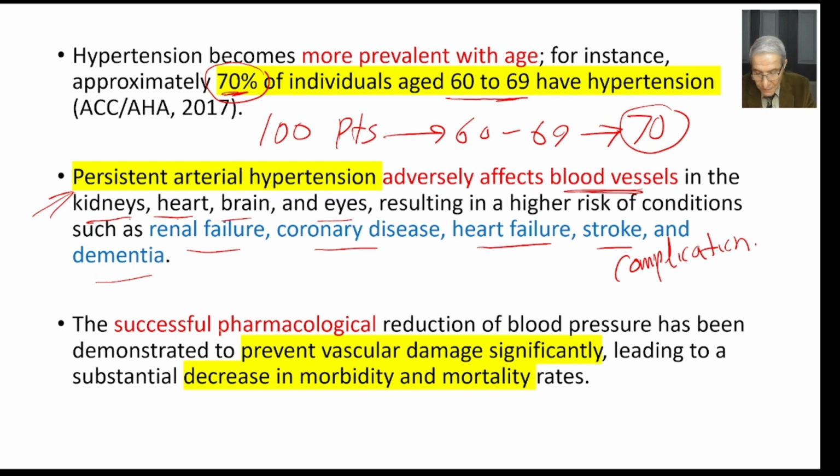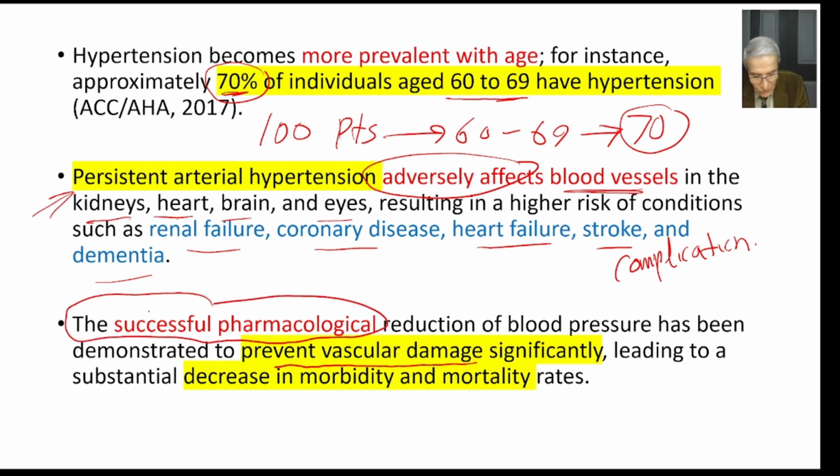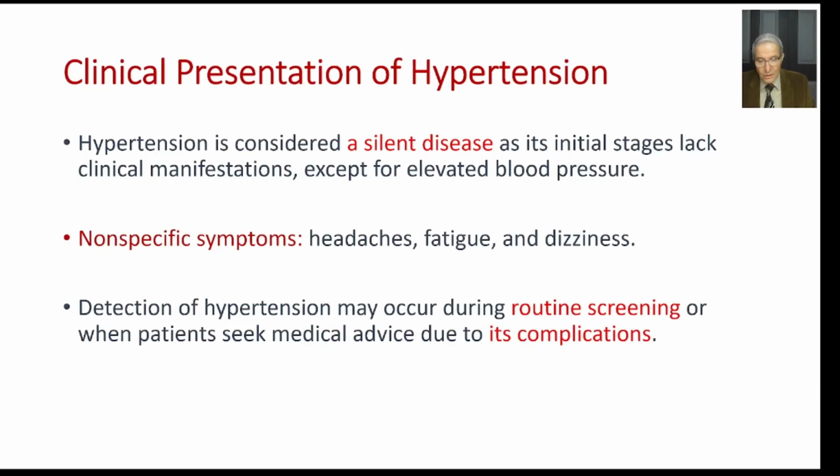Therefore, successful pharmacological reduction of hypertension is associated with decreased or prevented vascular damage. We have vascular damage here, and the treatment will reduce or prevent vascular damage, and therefore the end result will be decreased morbidity and mortality. As we discussed in the beginning, hypertension is considered a silent disease, no symptoms, asymptomatic.